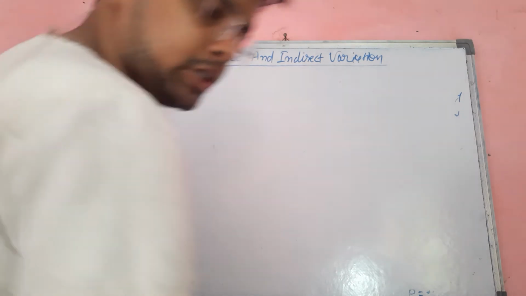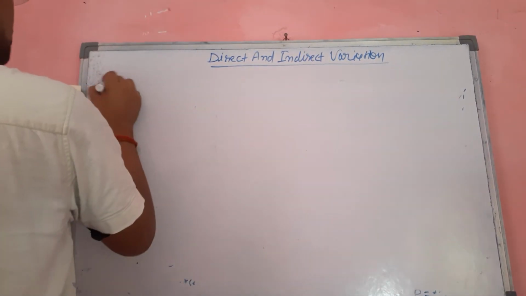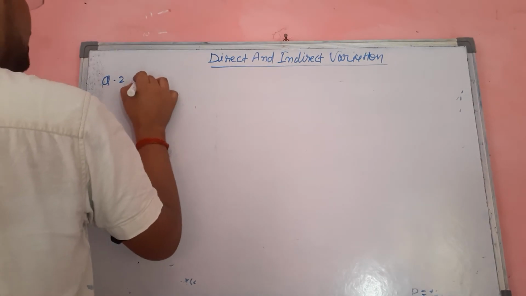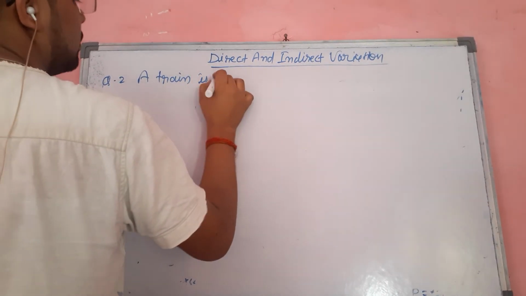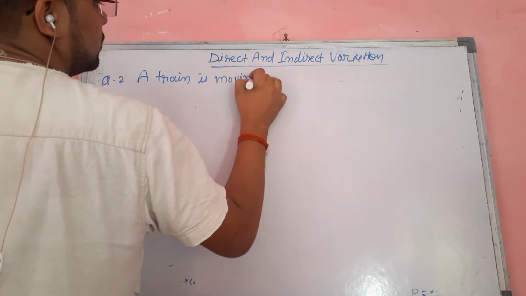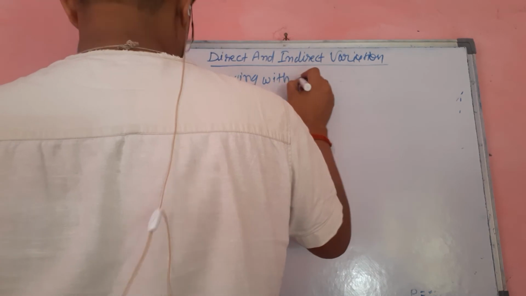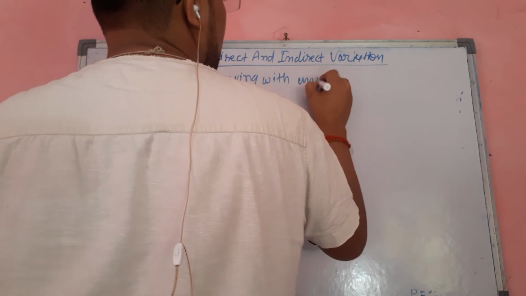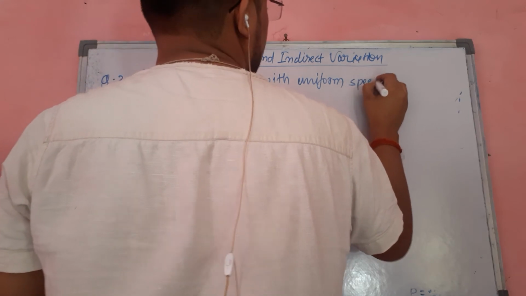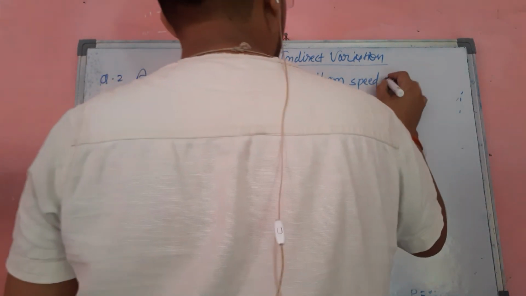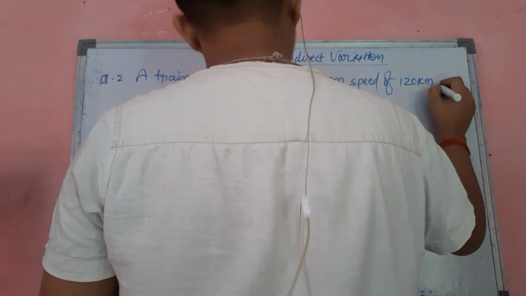Now I am taking another question. Question number 2. A train is moving with uniform speed of 120 km per hour.